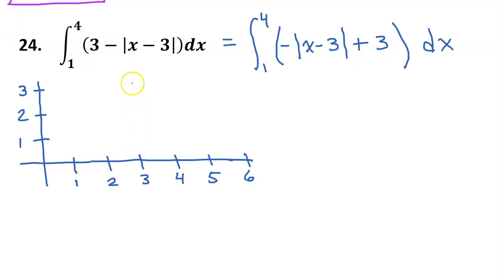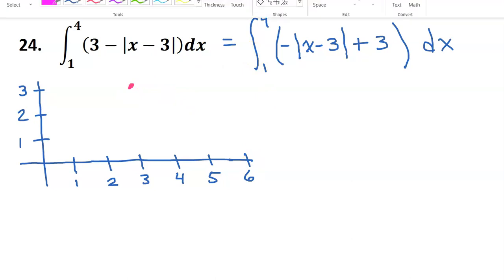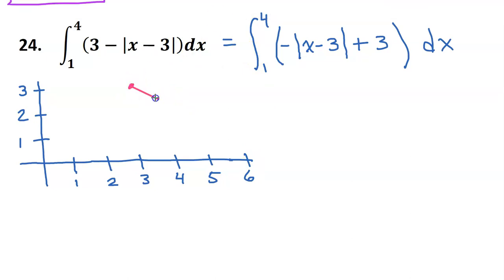So here comes the vertex of my V right here, to the right 3 and up 3. And we know because of the -1 in the front that the slope of one side will be -1. It's just going down 1, right 1. All right, which would land here. And the left side will just have a positive slope of 1.